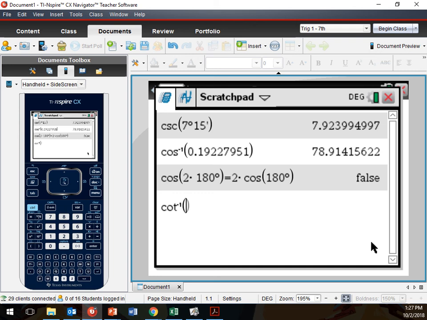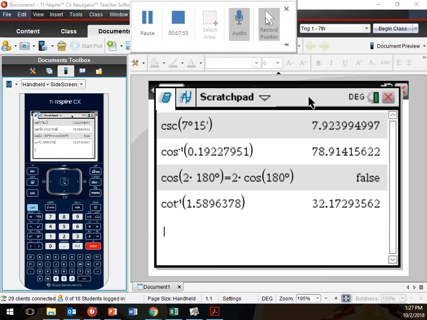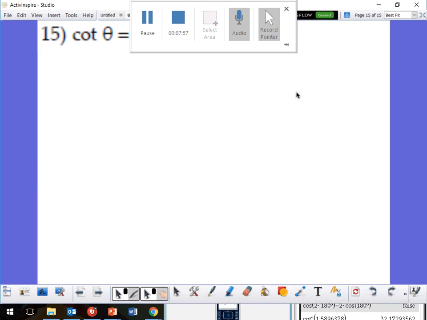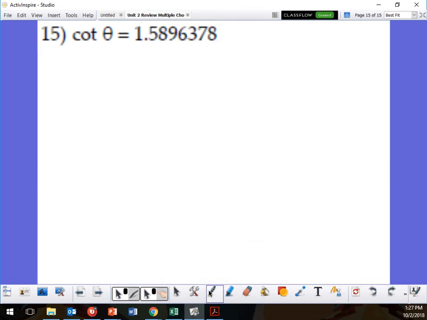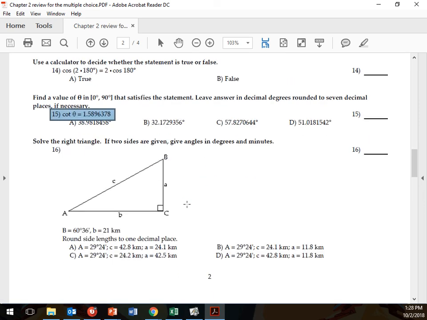Enter. 32.172935. Let's see. All right, so my choice there is B.